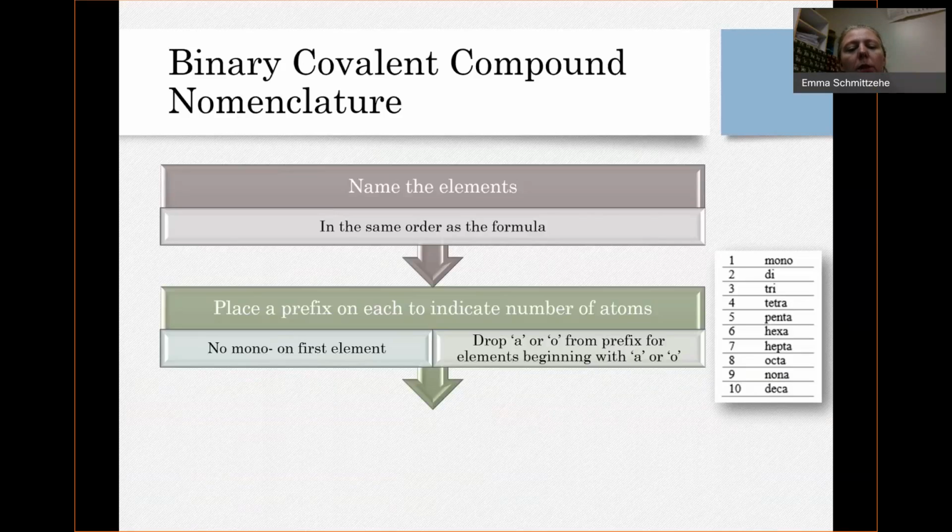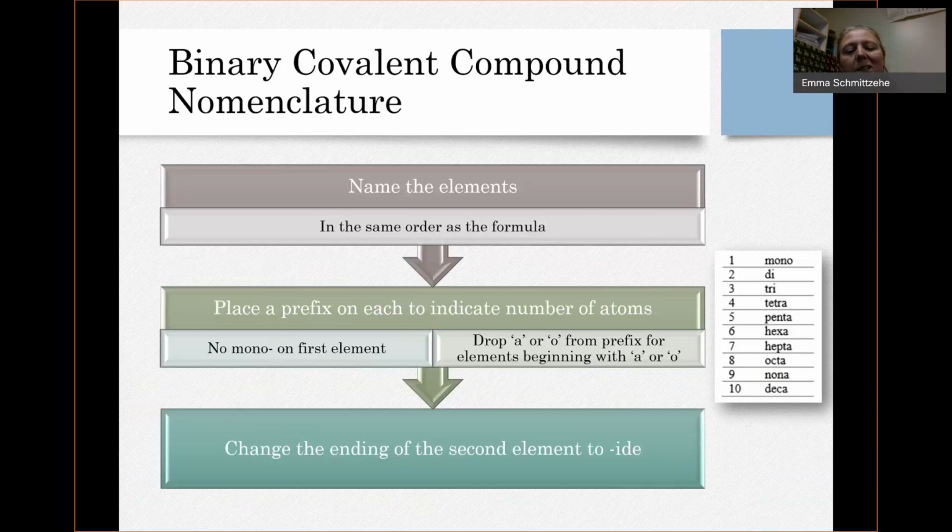Okay, so once you've done that, there's one other part that maybe you've already caught when I've said these names. The last part is to change the ending of the second element to "ide." So notice when I say CO is carbon monoxide, I don't say carbon monoxygen, right? I change the ending of oxygen to "ide" in that case.